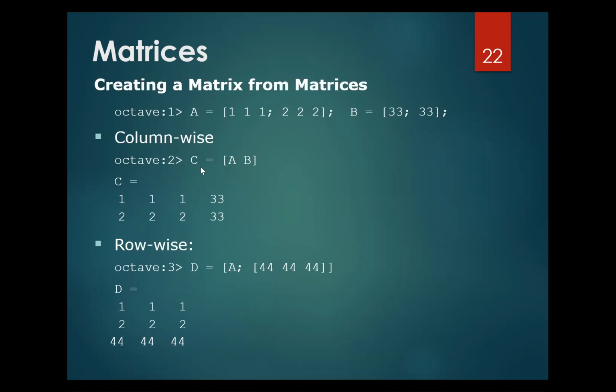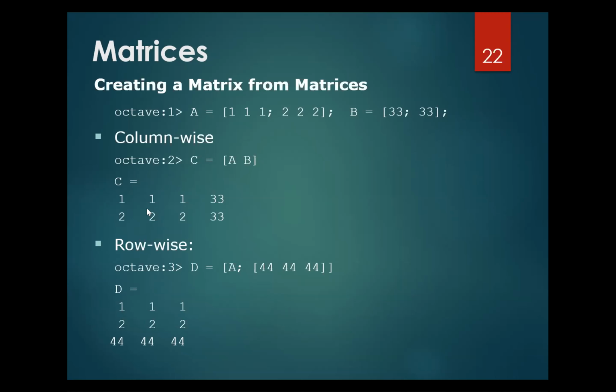So you can just say C, which is the output that you're going to get, is equal to square bracket. Then remember, whenever you put something in a square bracket and then this space, this means this is column 1, and this will be the next column after this column. So you can put a whole column also as a value of a matrix to create another matrix.